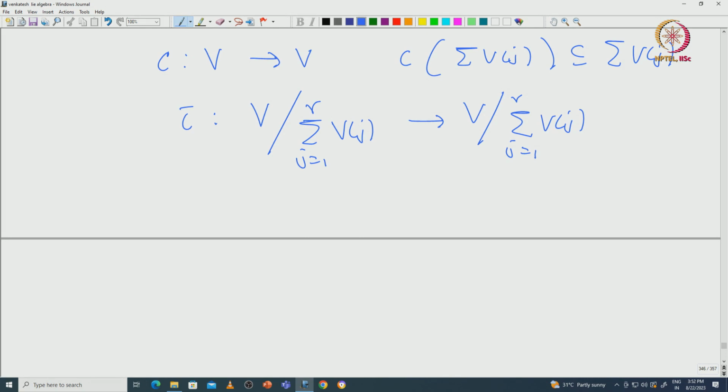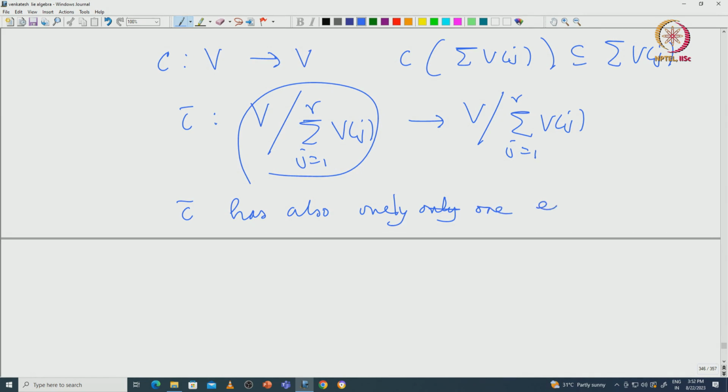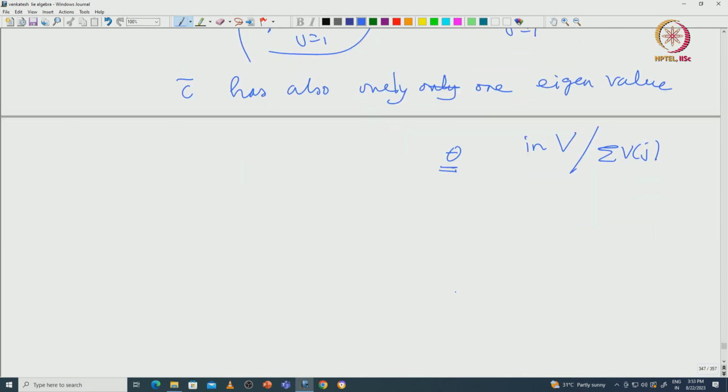So, C bar also commutes with the sl2 action, and since this factor module is a quotient of V, and C has only one eigenvalue inside V, that would imply that C bar also has only one eigenvalue in this V modulo the summation of V_j. So, what is that? Namely, that should be theta, nothing else, because this is just induced from C.